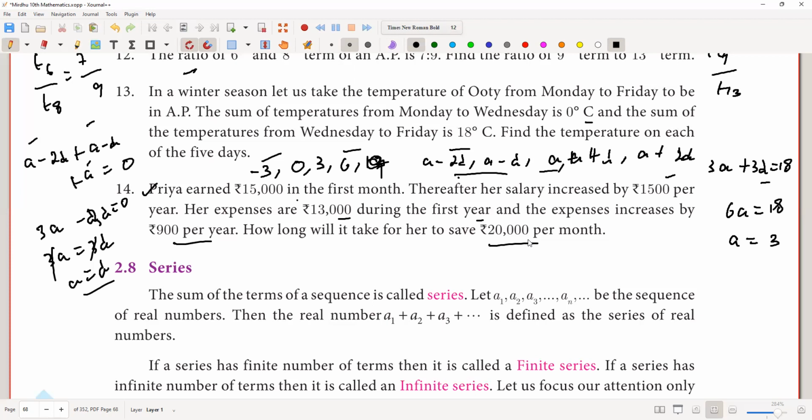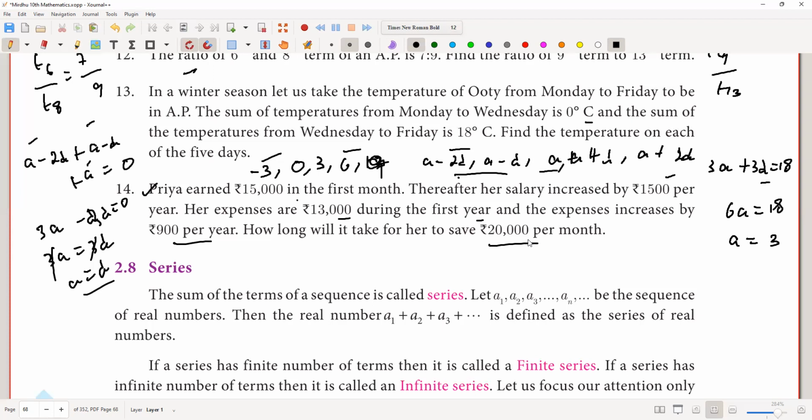What is savings? No. When we will be getting 20,000 is the requirement. What is savings? Earnings minus expense is saving. All right. So first year, the saving is 2,000.